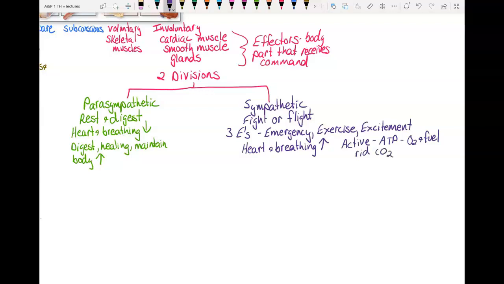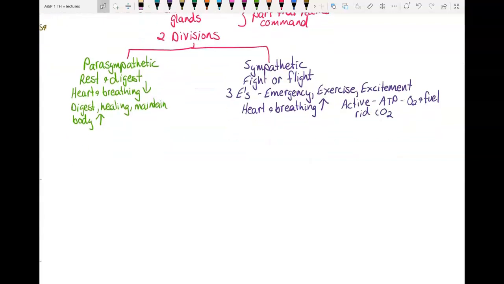And you need your heart pumping so you can deliver this stuff to your cells. And at this time, your digestion, your healing, your general maintenance are going to go down, because you need to focus on the emergency that you're dealing with.